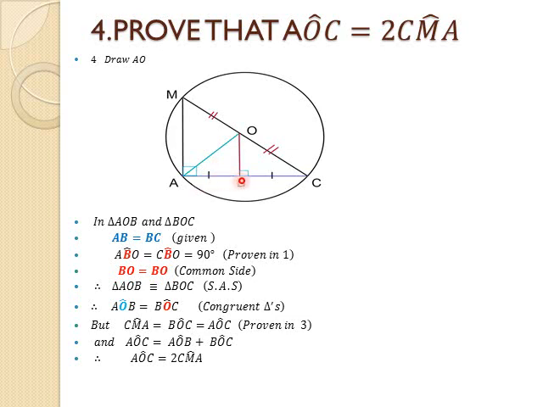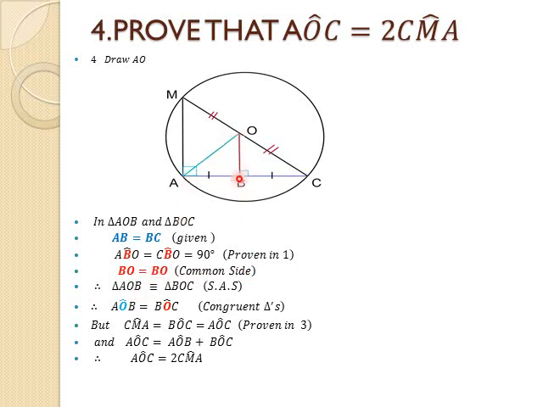So first AB equals BC, that's given in the drawing. ABO equals CBO, they are both 90. That was proven in problem number 1, or we can say a line from the center to the midpoint of a chord forms a 90-degree angle. At the same time PO belongs to both triangles, so PO equals PO, common side.